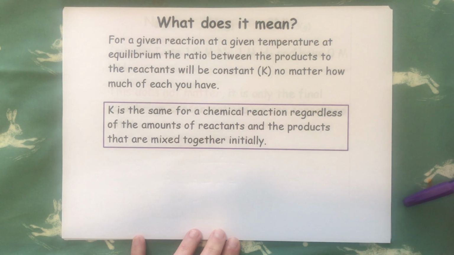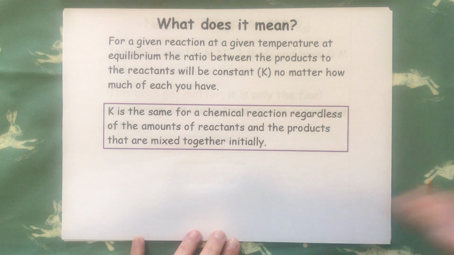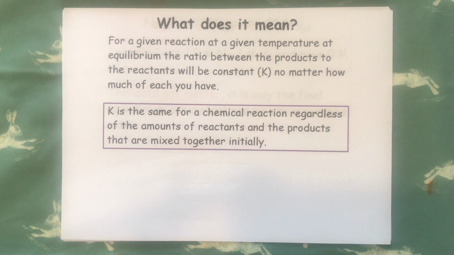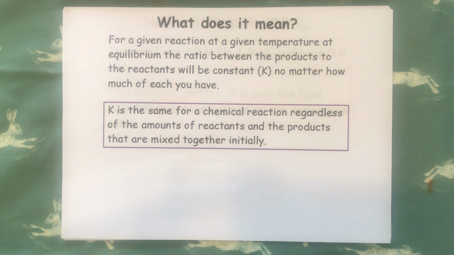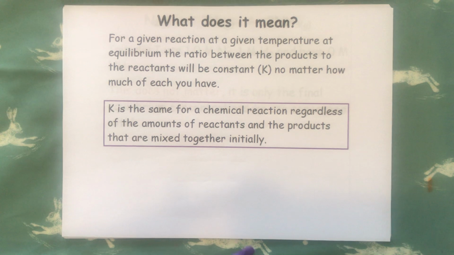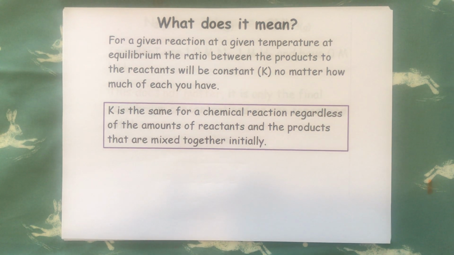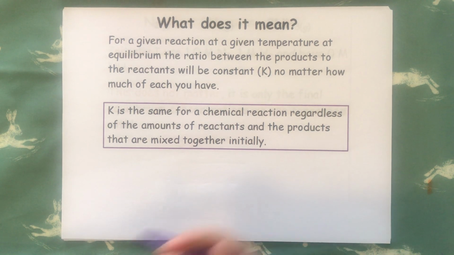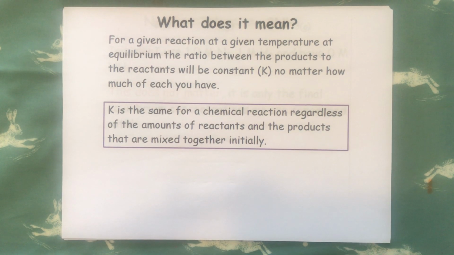But what exactly does all this mean? For any given reaction at any temperature, the equilibrium, so the ratio between the products and reactants, will be constant no matter how much of each you have. So this value K will always be the same.